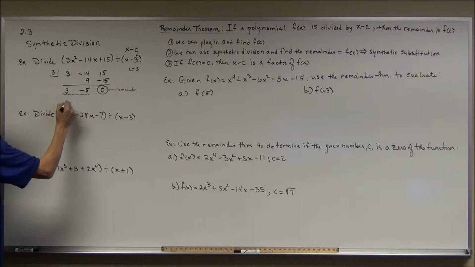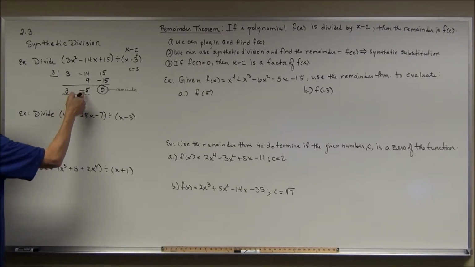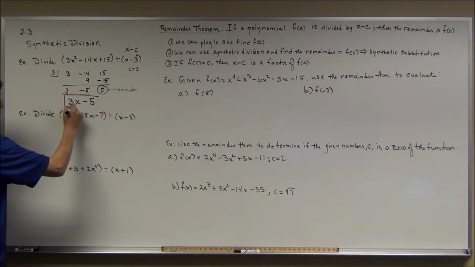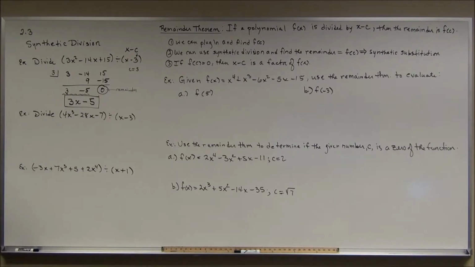So it's 3x, and my constant term is a negative 5, so I write minus 5, and there is my quotient. The same quotient that I was able to determine in the last video using long division. But a lot less work, and a lot more concise and efficient.